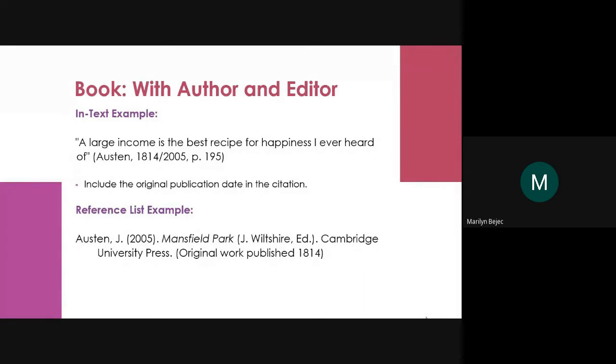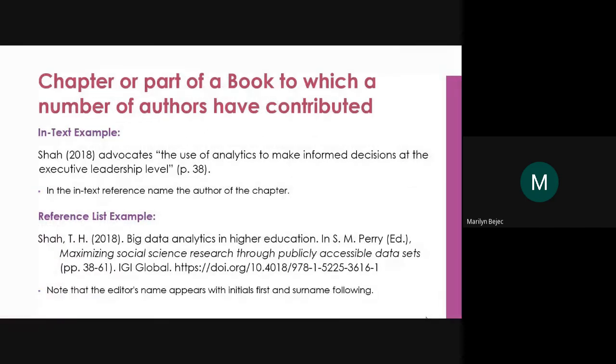Take note that in the editor's name, the initial or first name comes first before the surname. And then you have the publisher and then the date of the original work being published. So in the editor's work, it is in natural order.